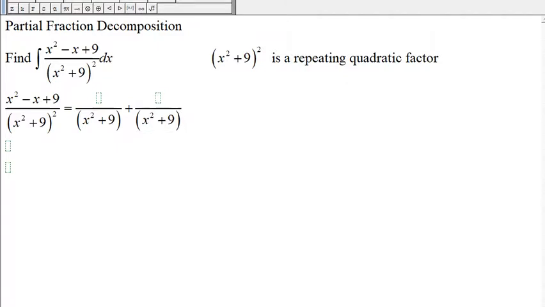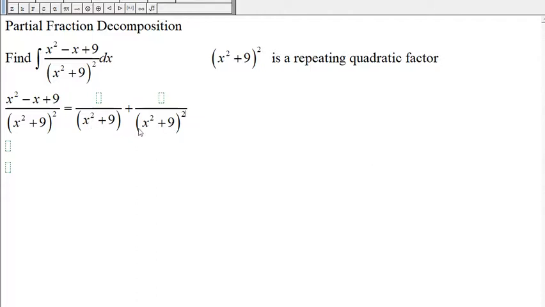The problem is that if we decompose it like this, we end up with the common denominator of x squared plus 9, and it won't match this. And so that's why we have to have x squared plus 9 and then x squared plus 9 squared.